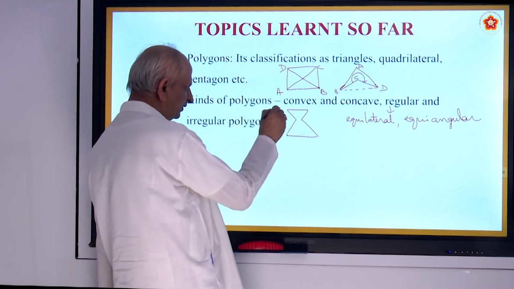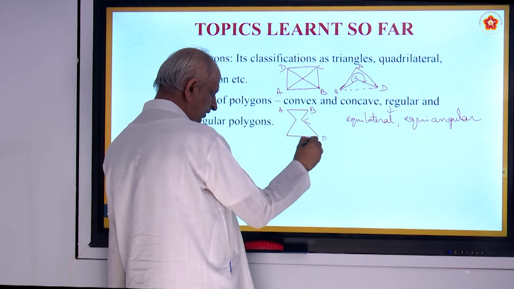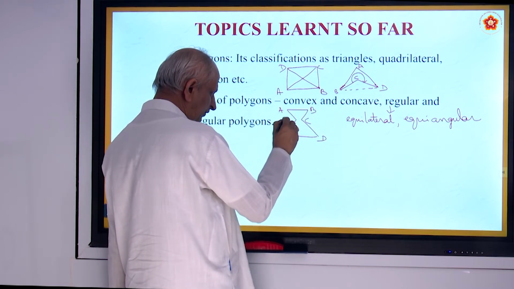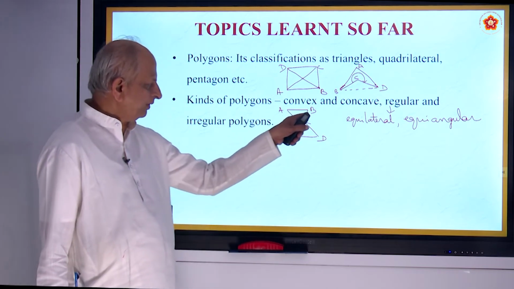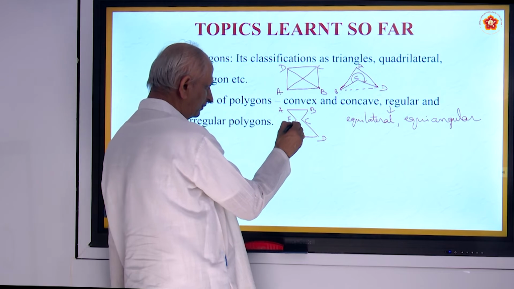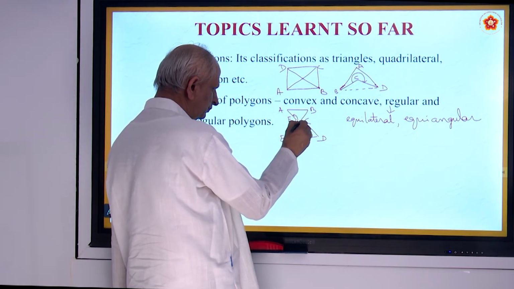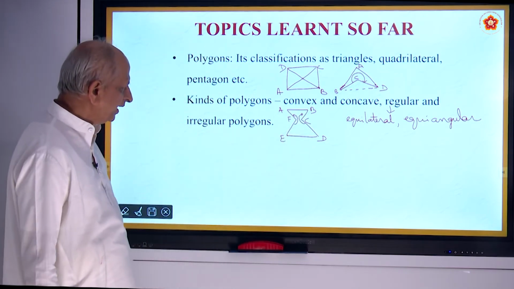So don't think that when you say polygon, you will only have 4 sides. It may have 5, it may have 6, like this. Okay, here both the diagonals will be outside. And there are 2 reflex angles here. So it is called an irregular polygon.